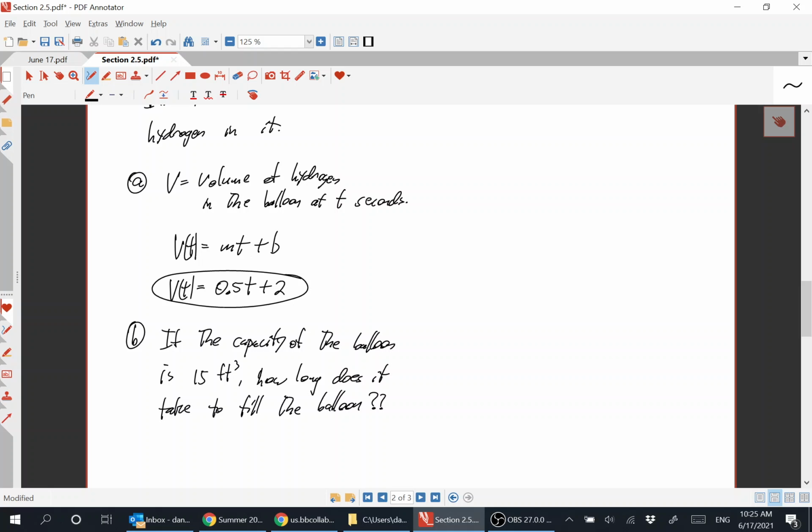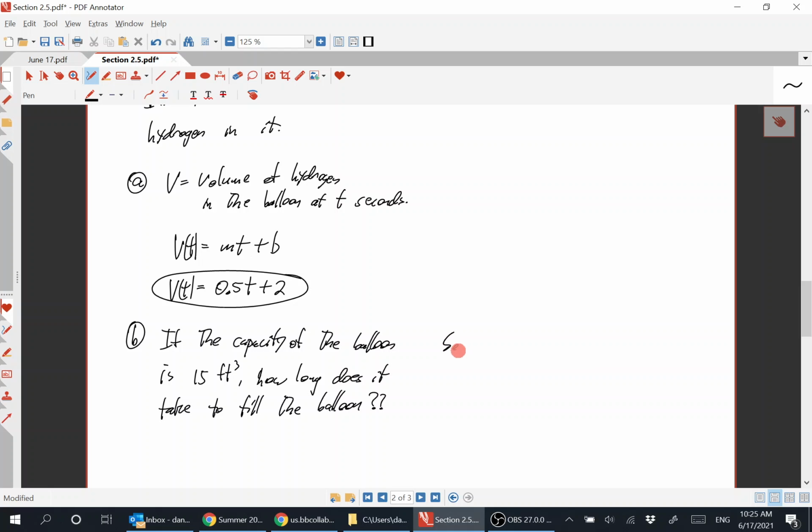An answer to what? Time, right? So we have 3 units here. We have volume, feet cubed, time in seconds, and rate of change in feet cubed per second. Okay, they're asking you about time. They gave you volume. Now they're asking you about time.